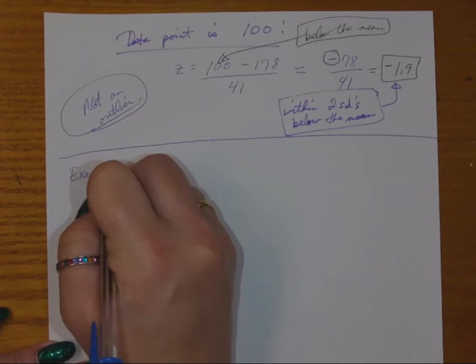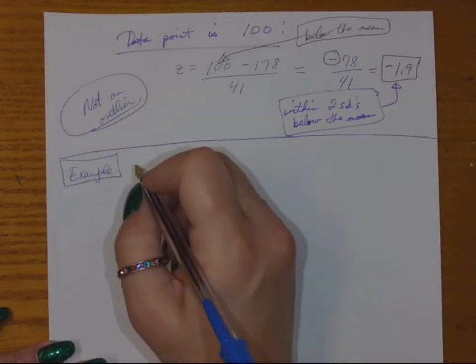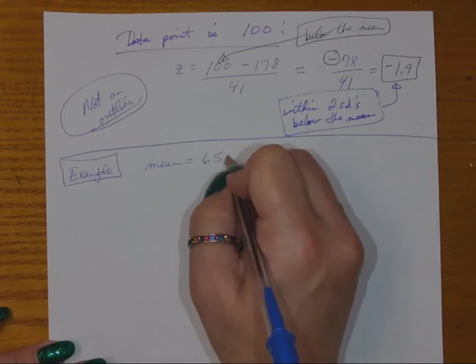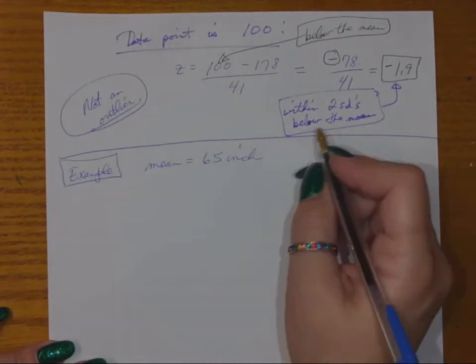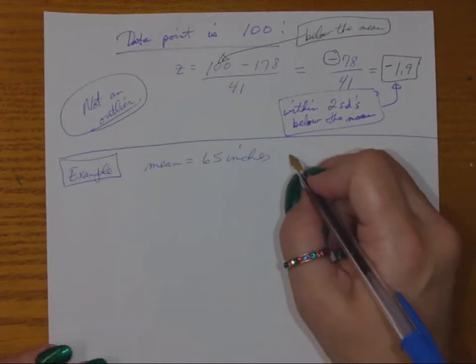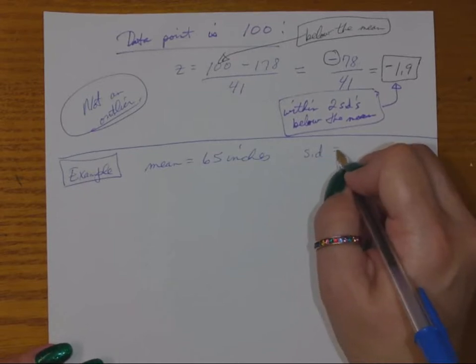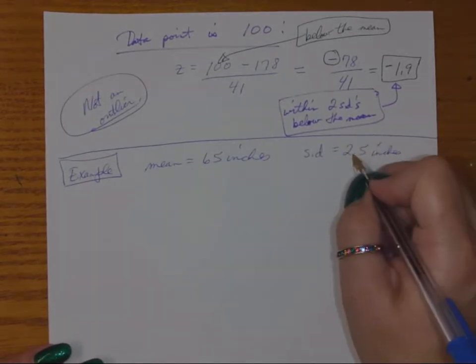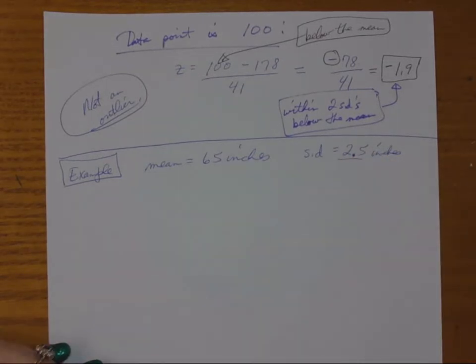So I'm going to pull a new mean and a new standard deviation. And this one said that my mean was 65 inches of whatever it was, and that the standard deviation was 2.5 inches. Okay, now notice that this standard deviation is a lot smaller than the last one we had. The last one was 41.